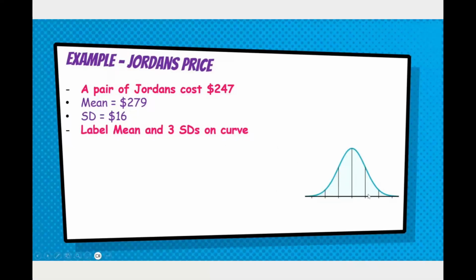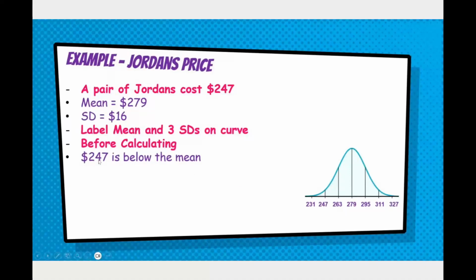Okay, here's my mean and my 3 standard deviation lines. I'm going to put my mean in the middle, add 16 each time to the right and subtract 16 each time to the left. Before calculating, $247 is our data value. That is below average, because it is to the left of 279.